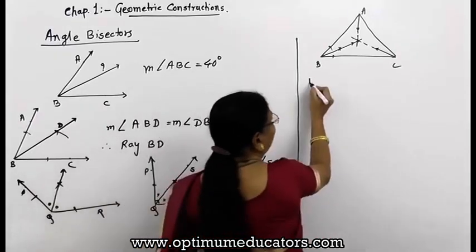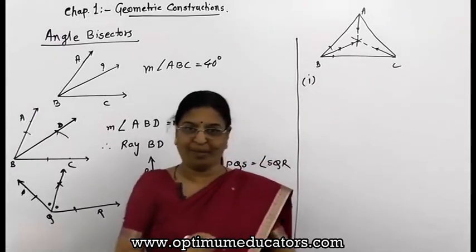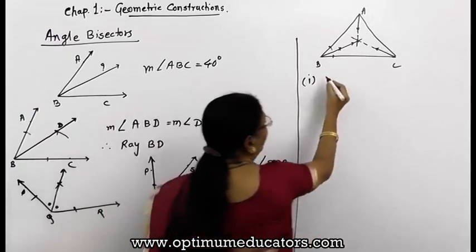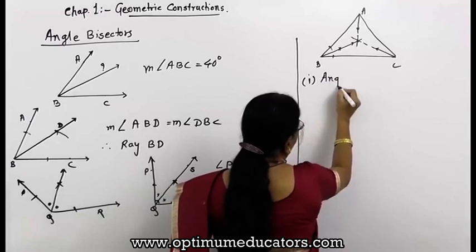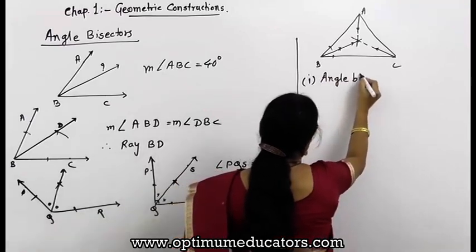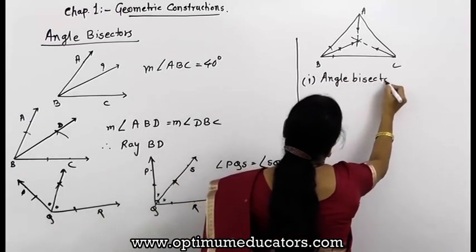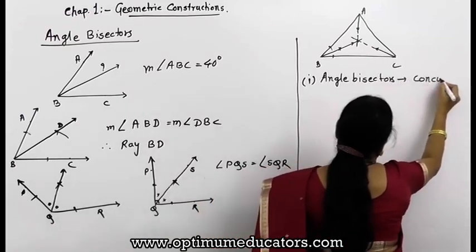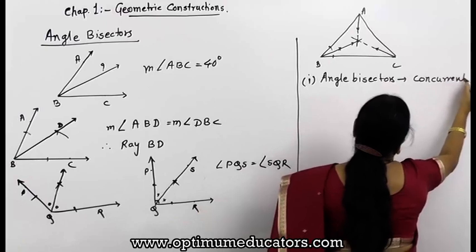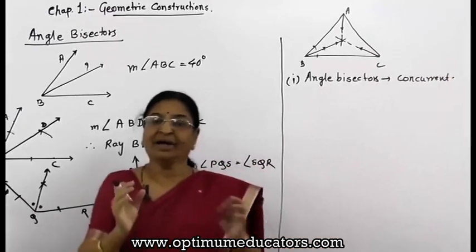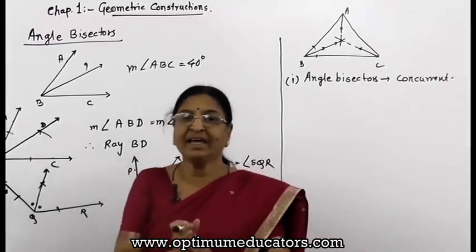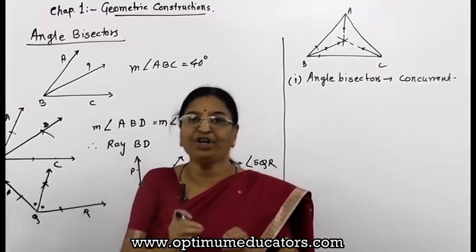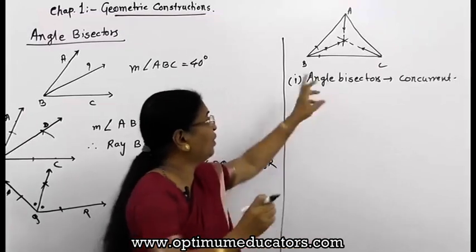That means the first important property is that the angle bisectors, I will write here, angle bisectors are concurrent. You have heard this word, concurrent. The point of concurrence will be a point here.